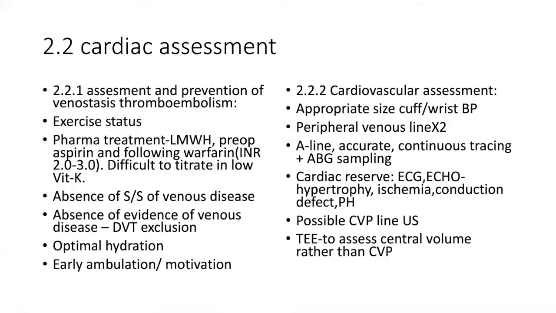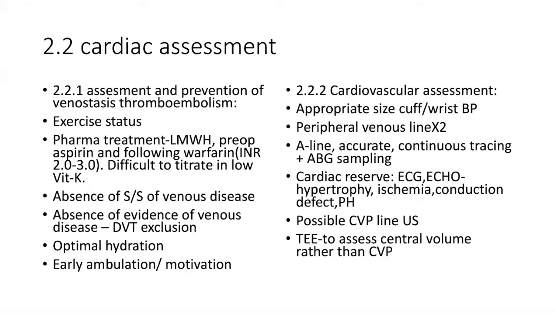So other cardiovascular assessment, in the checkup, we have to see the size of the cuff, or appropriate size of the cuff is possible. Wrist BP may read 5 millimeter of mercury less than arm BP, but over the period of time, it will give you a trend. So we are using practically wrist BP most of the times.